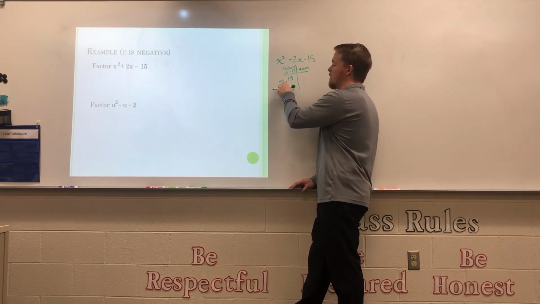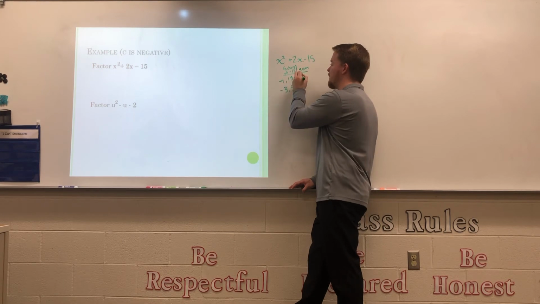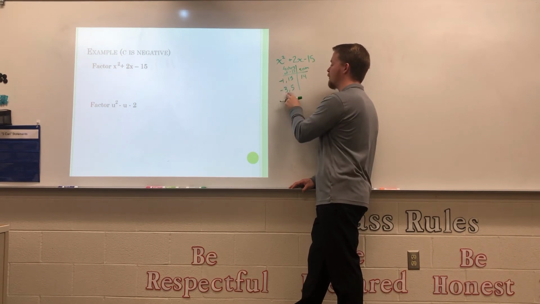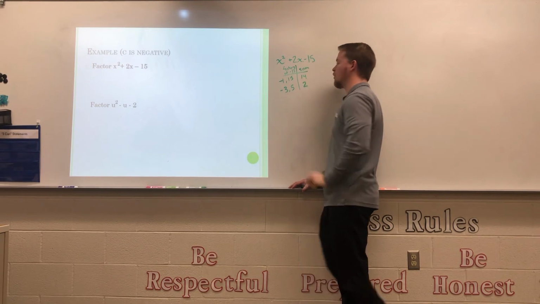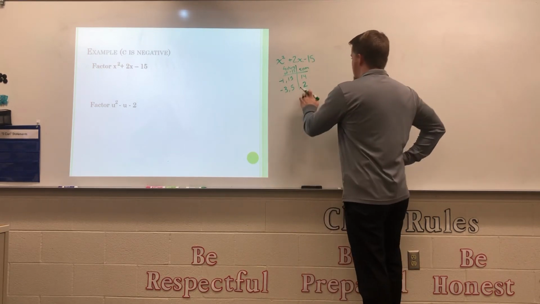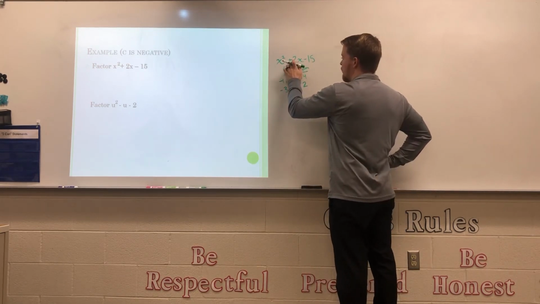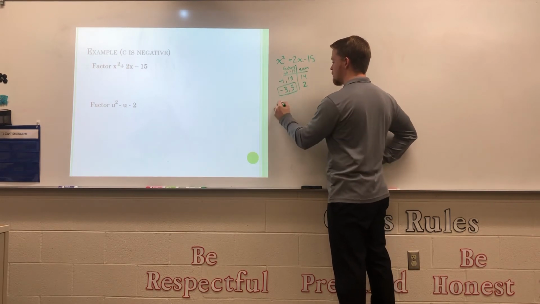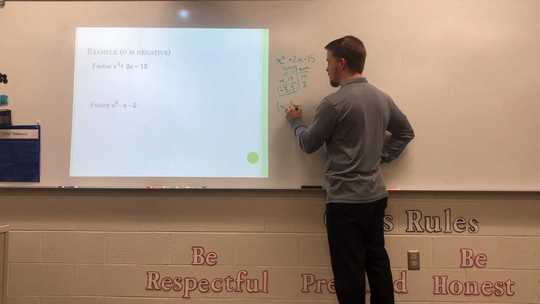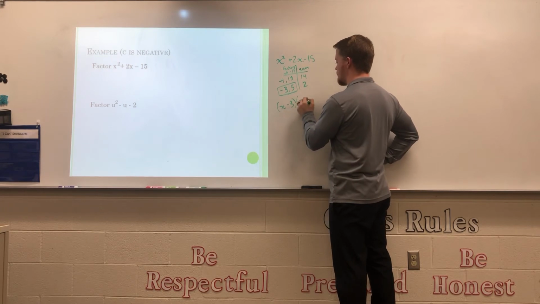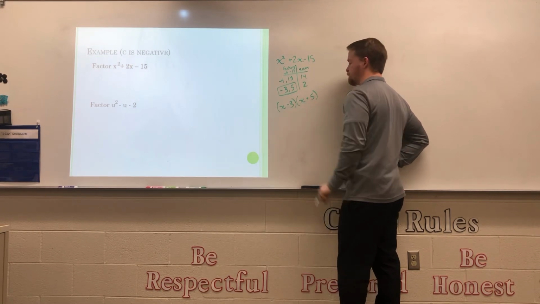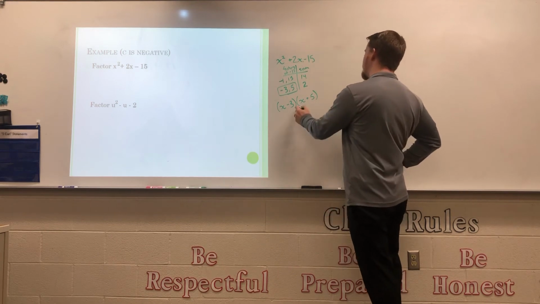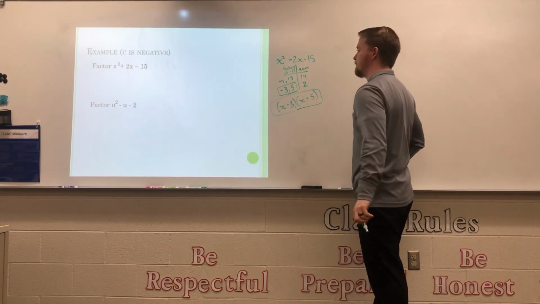Okay, so negative 1 plus 15 is 14. Negative 3 plus 5 is 2. So as you see, 2 is my middle term, so that means these are the factors I will be using. So it would be x minus 3 and x plus 5. So there's your final answer for that.